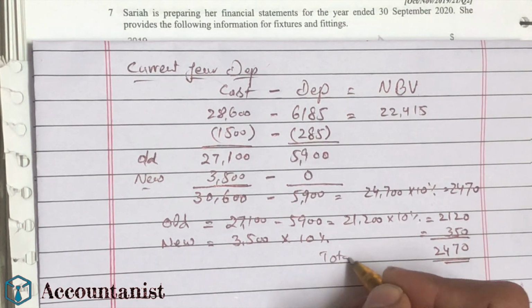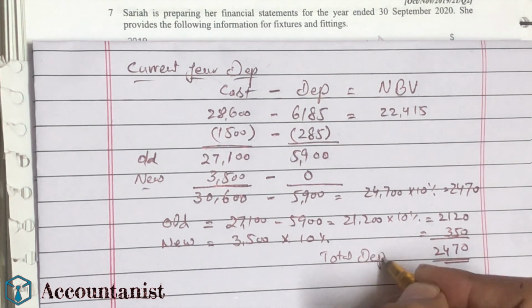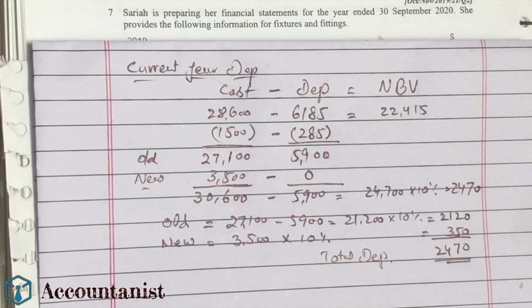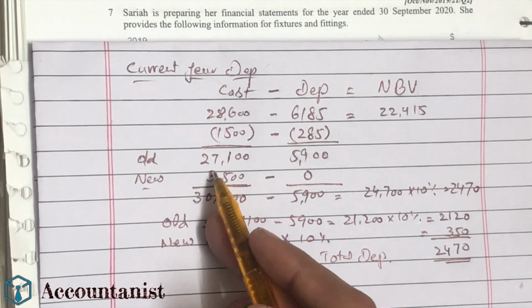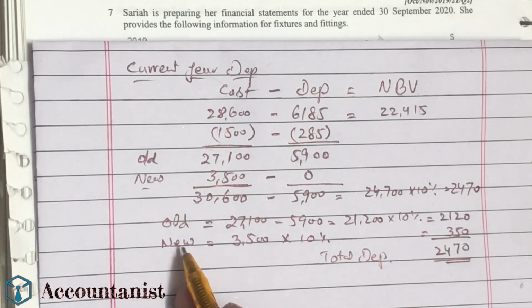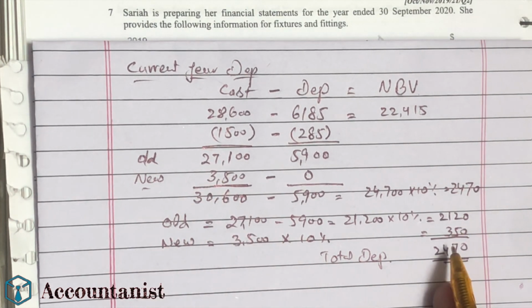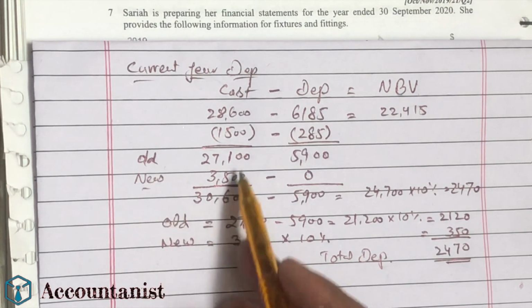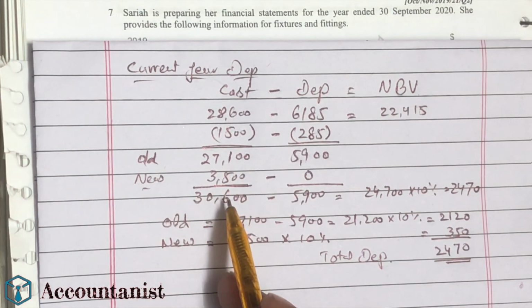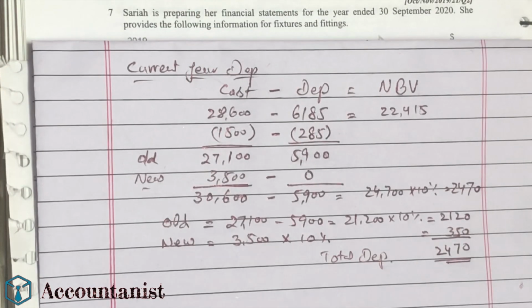That will be the current year depreciation. So you can calculate either separately the old remaining assets and the new assets, or you can add up the new assets into the cost. So you can do it this way.